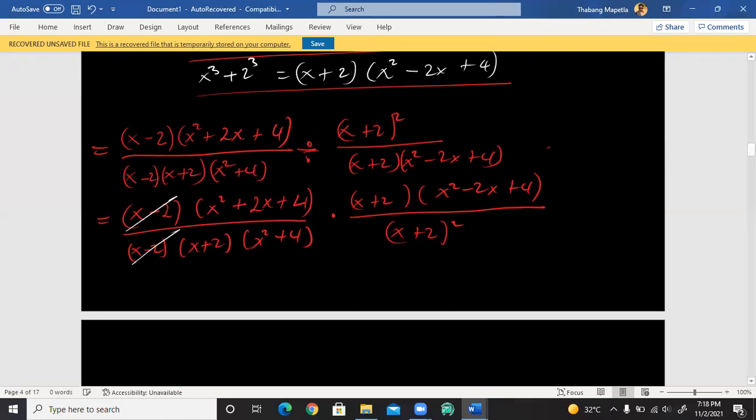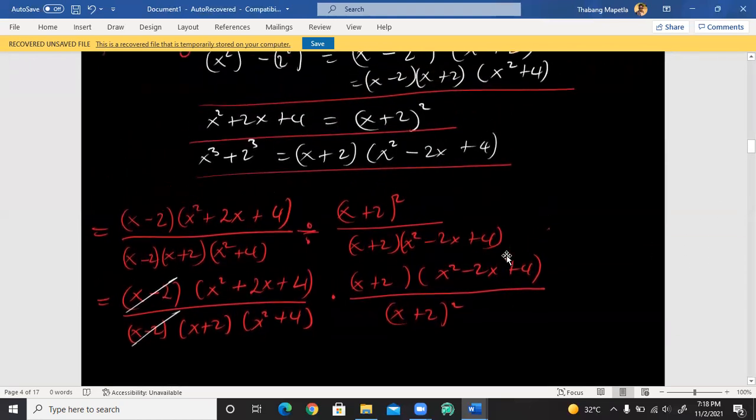Another mistake here. This cannot be factored, which is the part above, which is this part. This part cannot be factored.